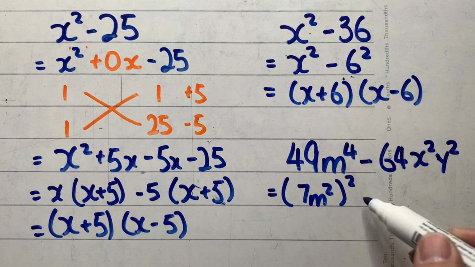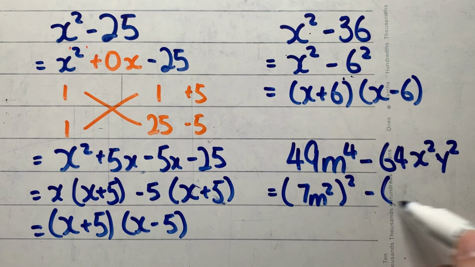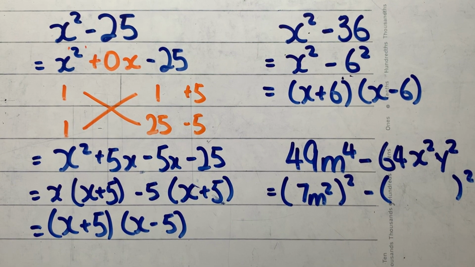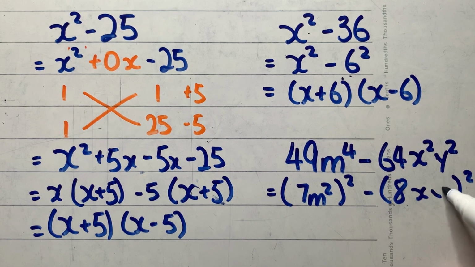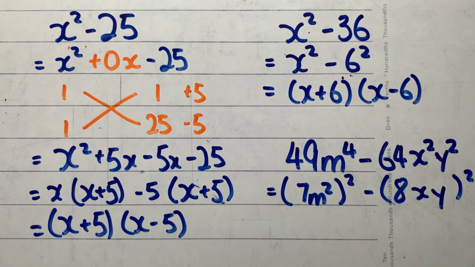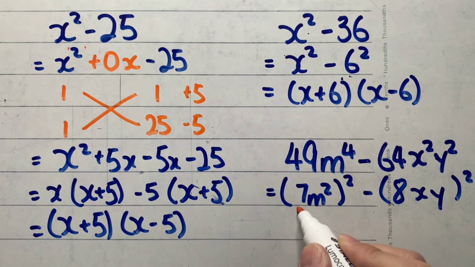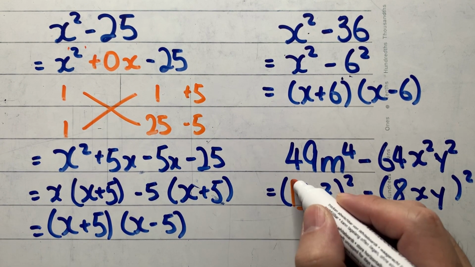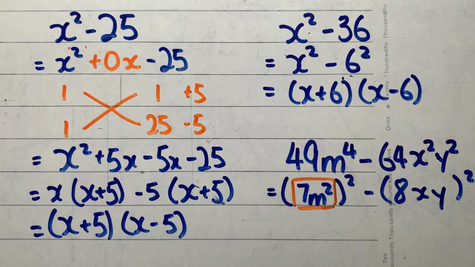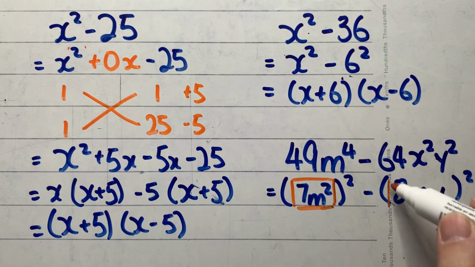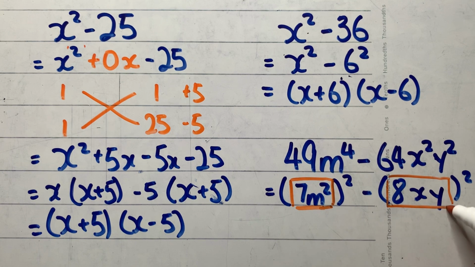That gets you that. And this one will become 8xy. So you have this thing here squared, and then this term here also squared.